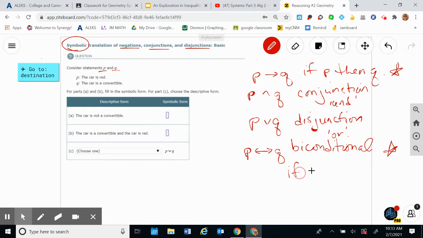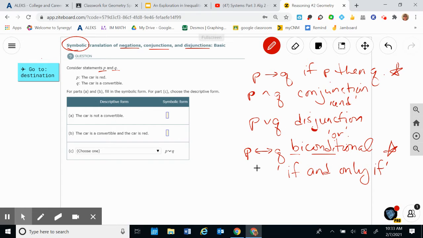Biconditional means if and only if. That's the expression. What it means is that it's true both ways. So if you read it one way, you go, oh yeah, that's true. And then if you read it the other way, you're like, oh yeah, that's true. So that's biconditional.